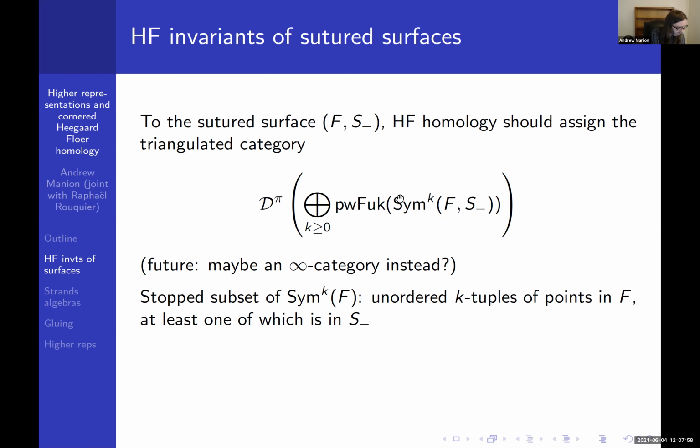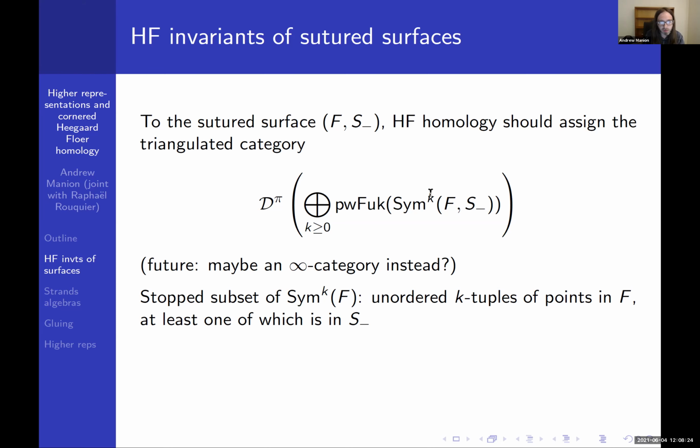But here, I have this stop subset S minus in F, and that gives me a stop subset in the boundary of Sym^k of F. Sym^k is just all unordered k-tuples of points, and if any one of those points is in S minus, the black part of the boundary, then my k-tuple is in the stop subset of Sym^k.